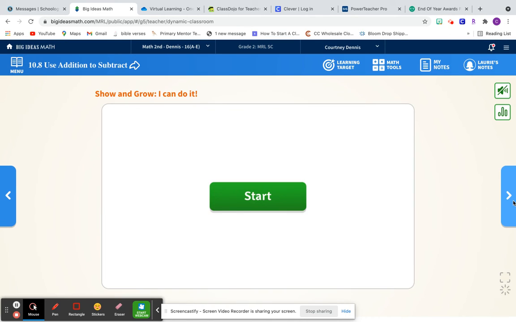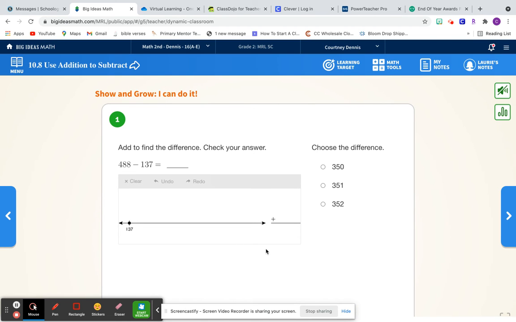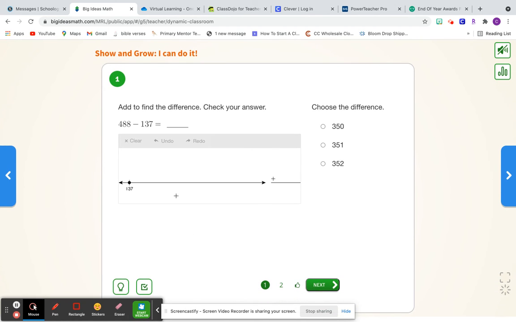All right, let's look at some examples before you guys move on to your 10.7 and 10.8 practice. All right, this one, we're going to add to find the difference. So we are trying to get to 488.